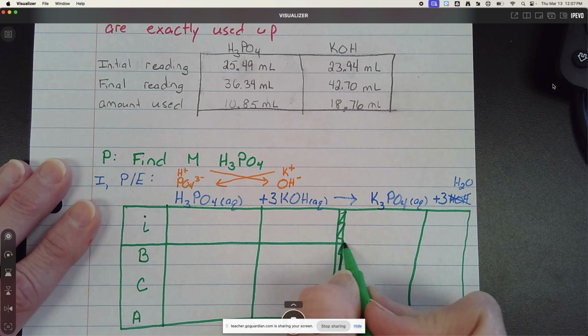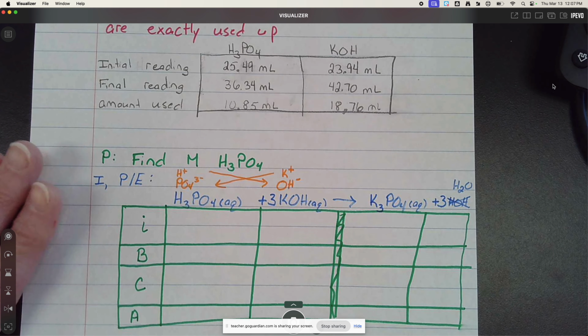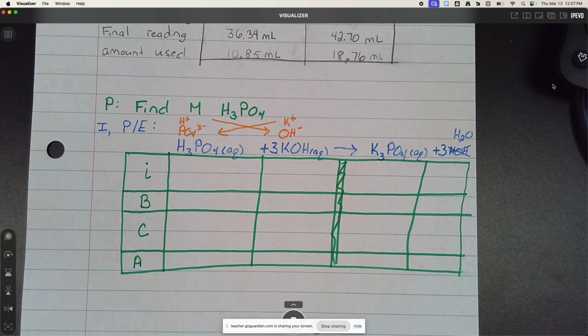Here's my I row. Before, double tall on my change, and my after. The reason I wanted to make my information row double tall is I wanted to put the volumes of each of these into here.